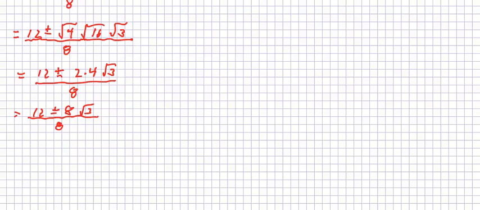And then, as always, we look to see if we can simplify. I can divide this by 4, I get 2. This by 4, I get 3. And this by 4, I get 2. And my final answer is 3 plus or minus 2 square root of 3 all over 2.